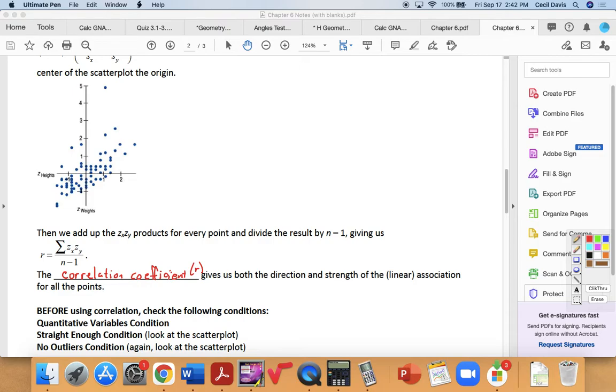Sometimes students will take a scatter plot that is clearly nonlinear and find the correlation coefficient and go, hey, the correlation is 0.98. This is really close to being a line. No, it's not. Okay? If it's not close to being a line, finding the correlation coefficient isn't really particularly useful.